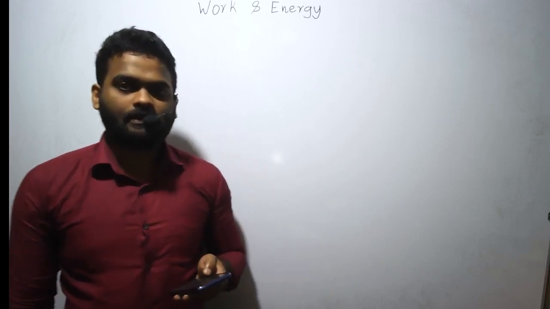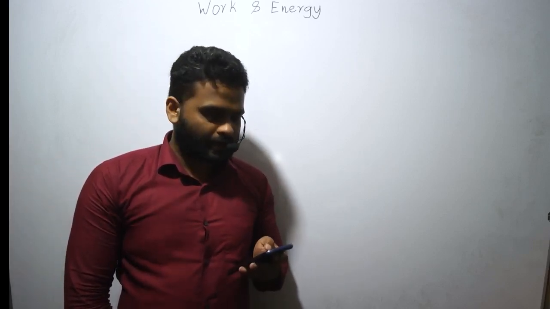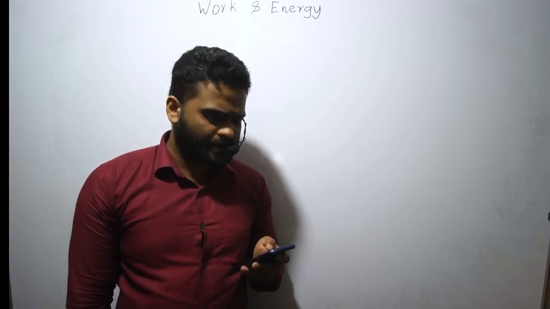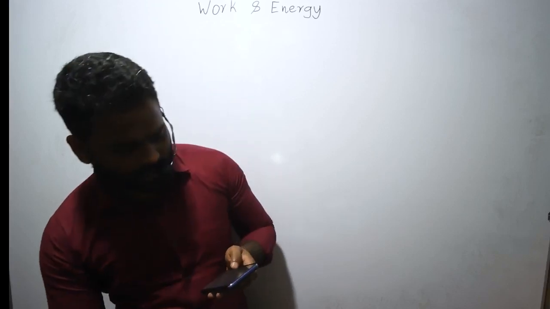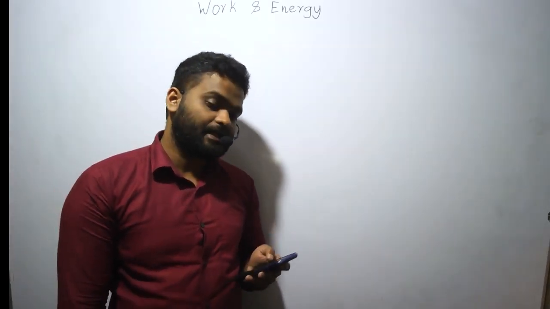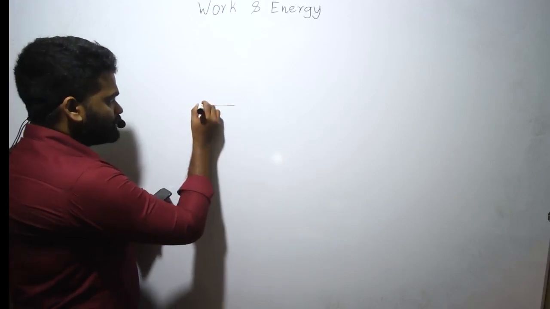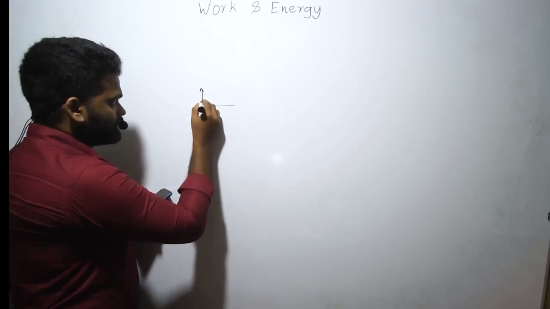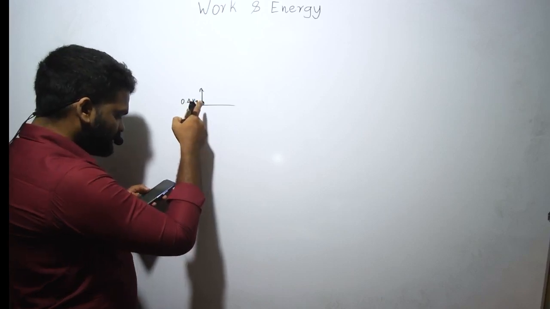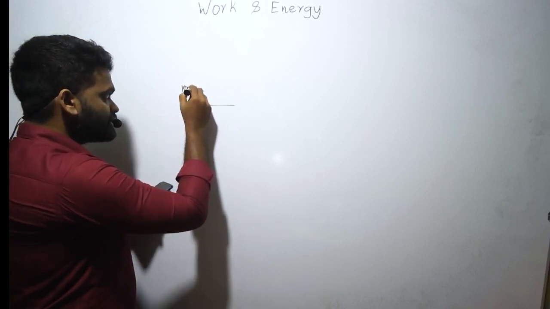Right. 11th question. A mass of 0.4 kilogram is projected upwards at 10 meters per second. Average resistive force acting on it is 2 newtons. Its speed when it hits the ground is? So we have a mass 0.4 kilogram and it is projected upwards at 10 meters per second.